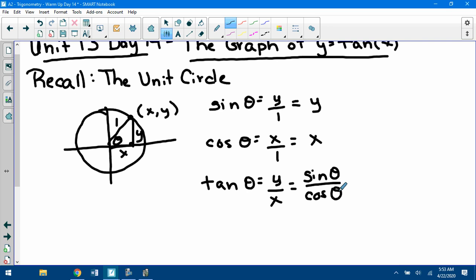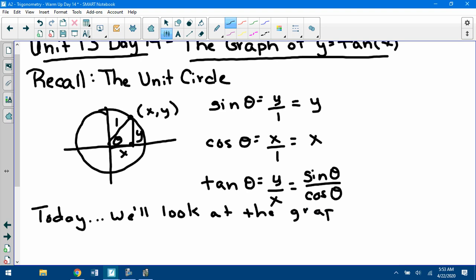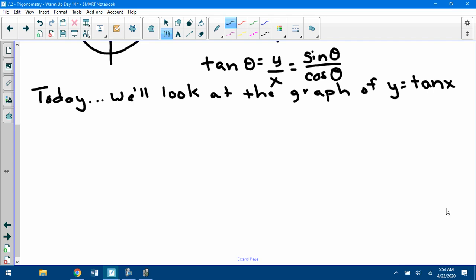Okay, so today we'll look at the graph of y equals tangent of x. All right, well, in order to do the graph, let's evaluate all the quadrantals.